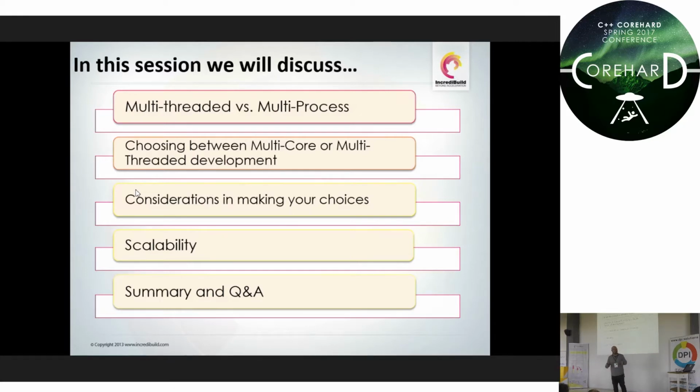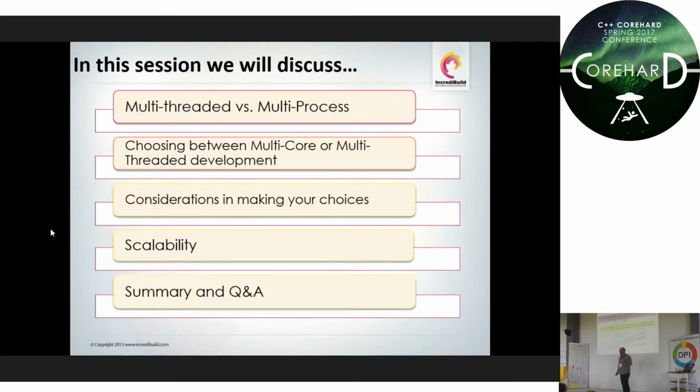I looked on the web to find out whether there are materials about this kind of consideration, and there was none. So I raised my hand, and I decided to prepare this session myself in order to educate the C++ community that they need to think before deciding how to parallelize their computation tasks.